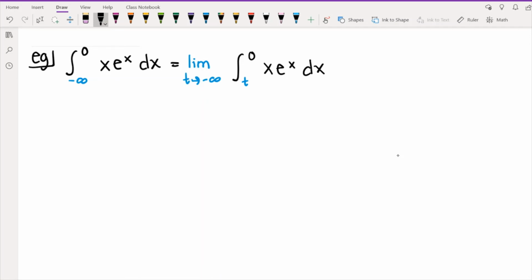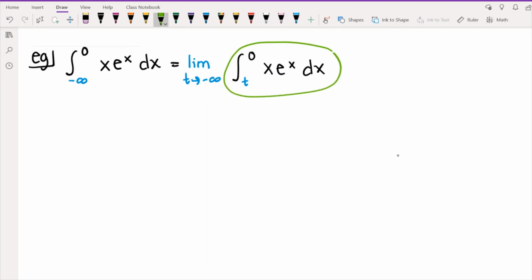So what do we have to do in order to evaluate this limit? We actually have to use integration by parts, because it's x times e to the x. Let's forget about the limit for a second and focus on this integral, and then we'll come back to putting the limit back.